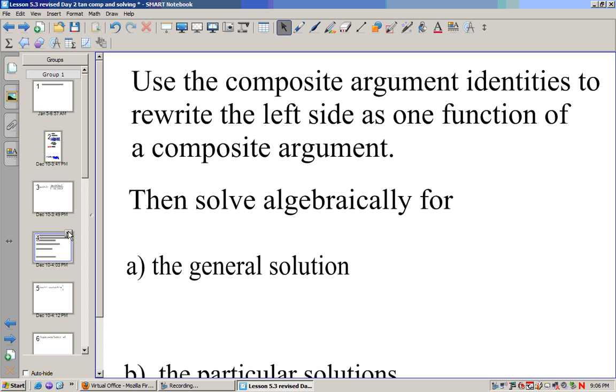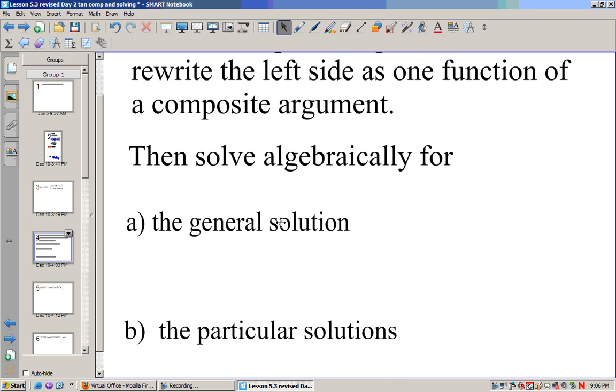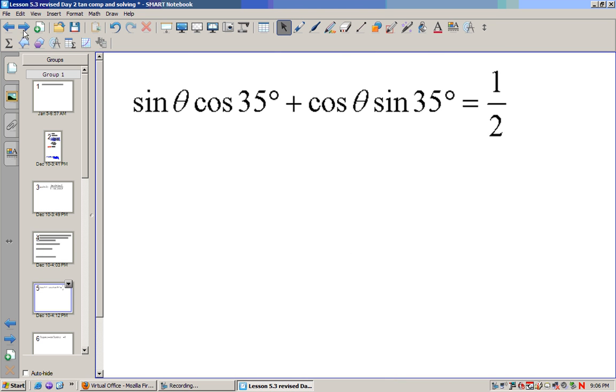Now we're just going to use the composite argument properties to rewrite the left side of one function to solve it generally for the general solution, and then we want to find particular solutions. So if I take a look at this, sine theta cosine 35 plus cosine theta sine 35, I want to reduce it so I just have one trigonometric function.